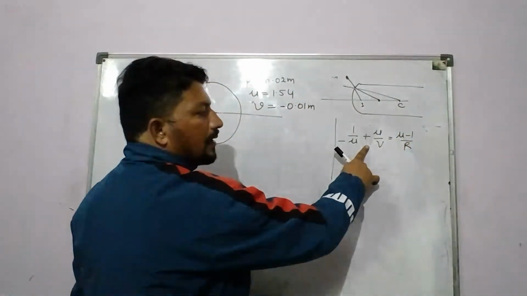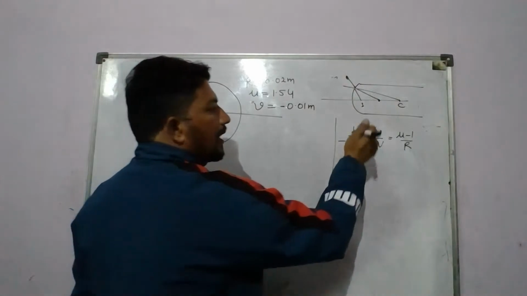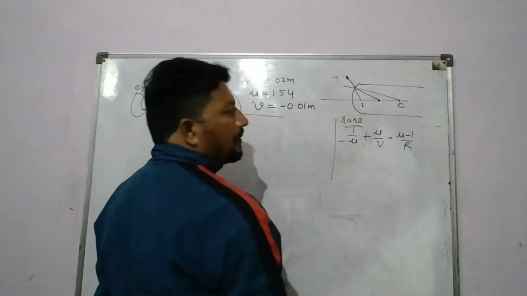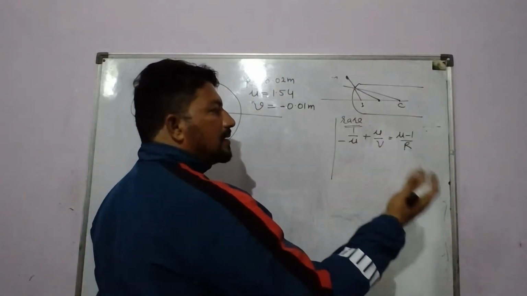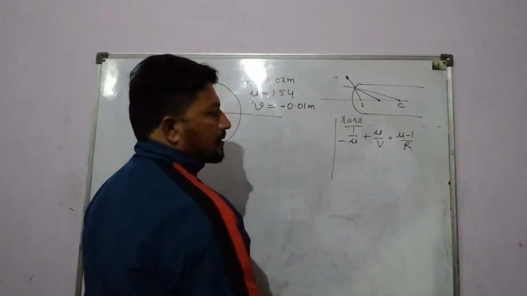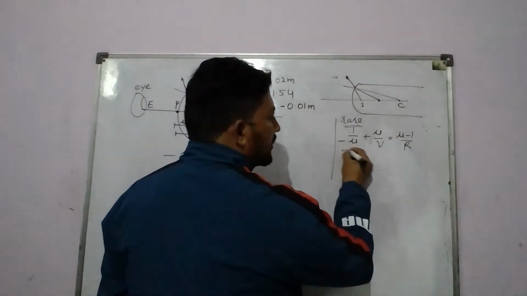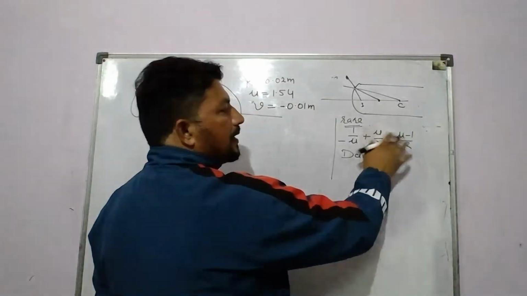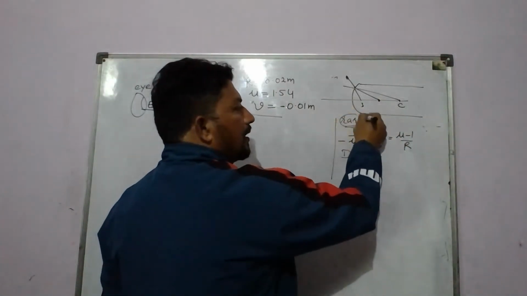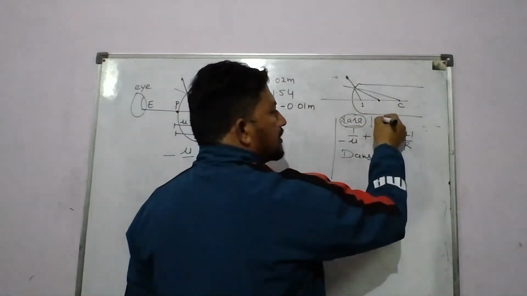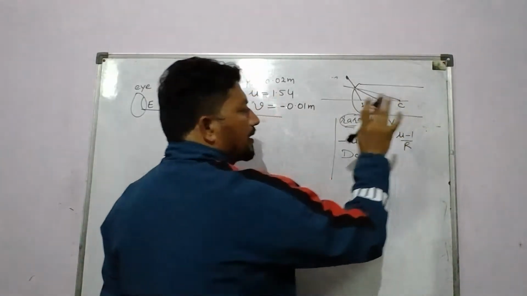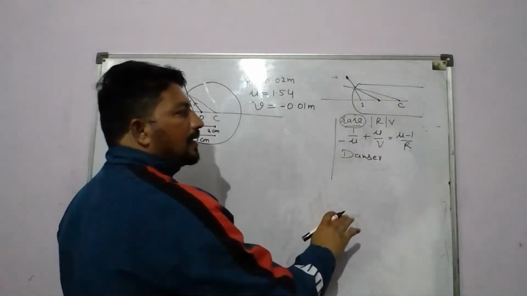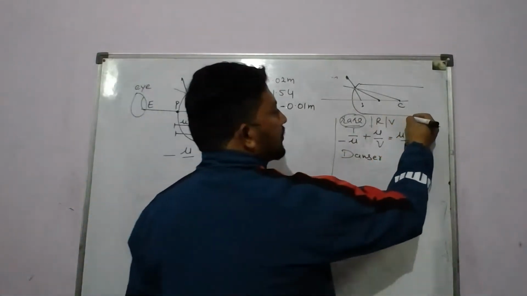This formula is for when the object lies in a rarer medium and the image is real, virtual, or something else. If the object lies in a denser medium, all the answers are the same, but there is a little bit of change.